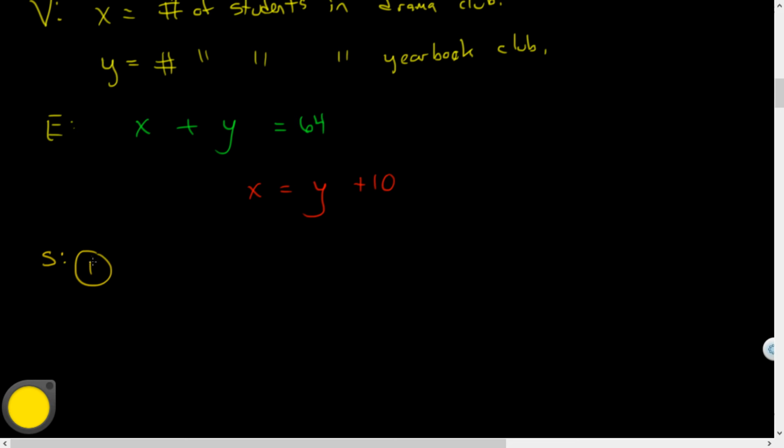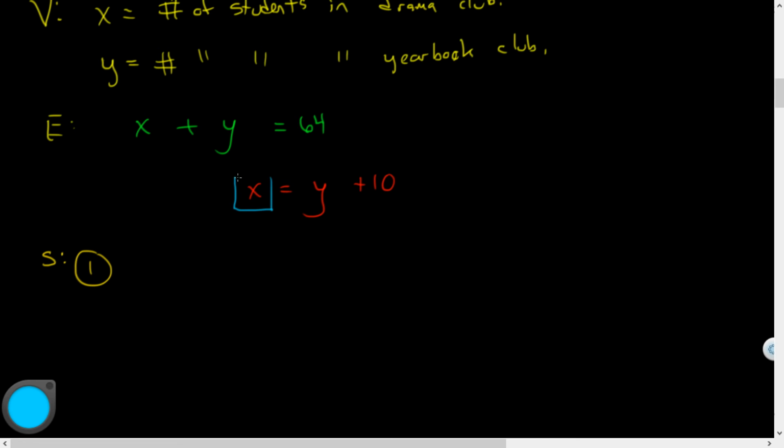Step 1, solve one of those equations for one of its variables. Actually, look at this. This one's a good choice, this one's a good choice, they're all great choices. Which is the best choice? The bottom one, for x.